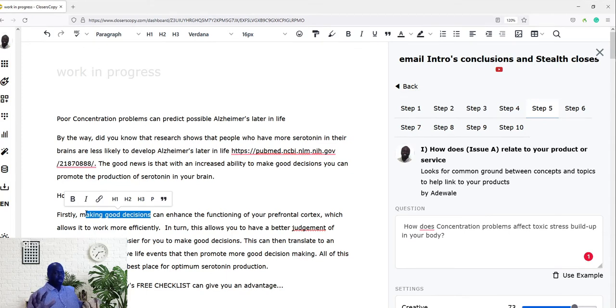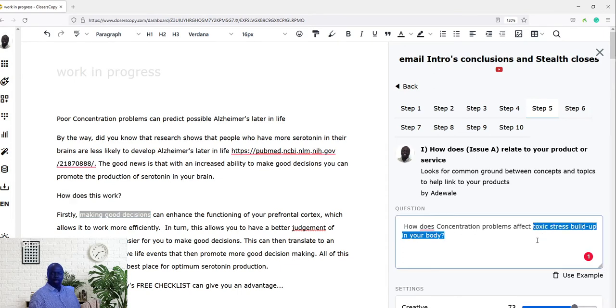So we're trying to figure out, what's the relationship between concentration and making good decisions in depression? How do concentration problems affect the ability to make good decisions in depression?